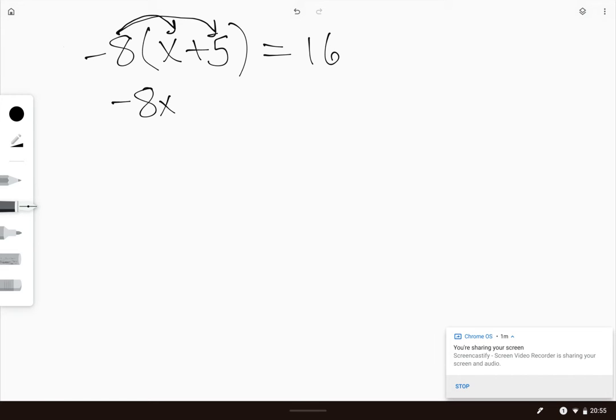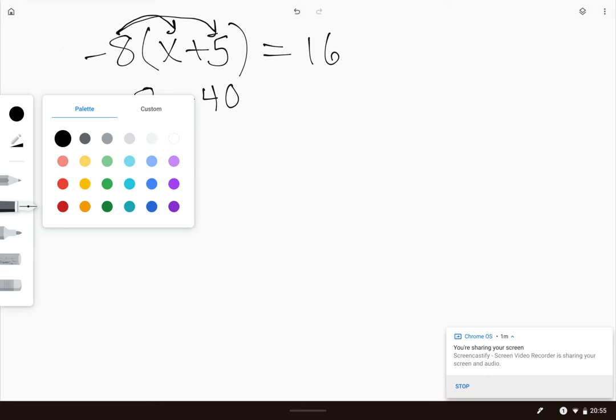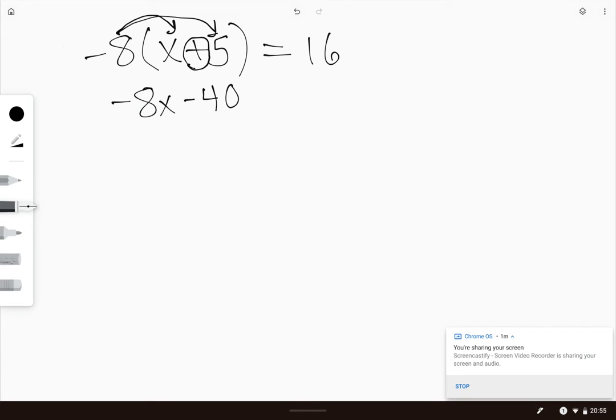Negative 8 times 5 results in a sign change because a positive times a negative is going to be a negative. So that creates a sign change right there. Okay? And that's why it's important to realize what happens when we distribute a negative. So now my equation is negative 8x minus 40 equals 16.